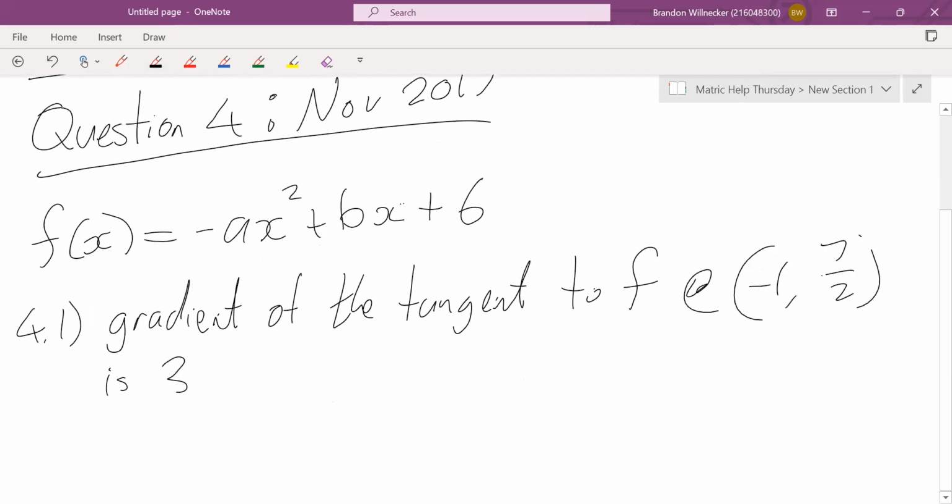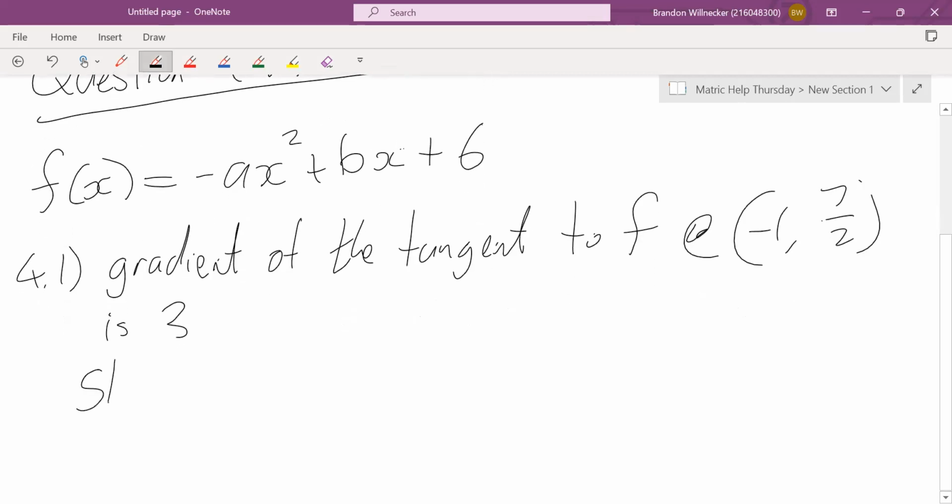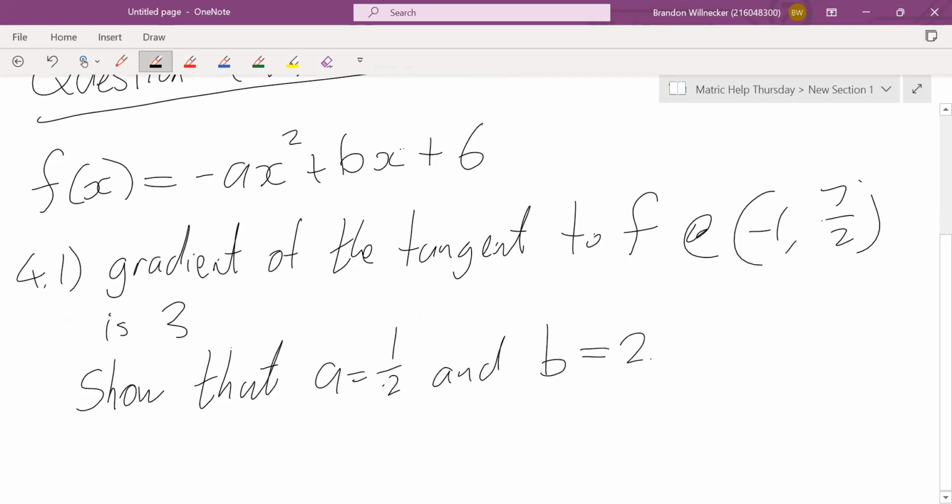So the gradient to f at this point is 3. We need to show that a is equal to 1/2 and b is equal to 2.